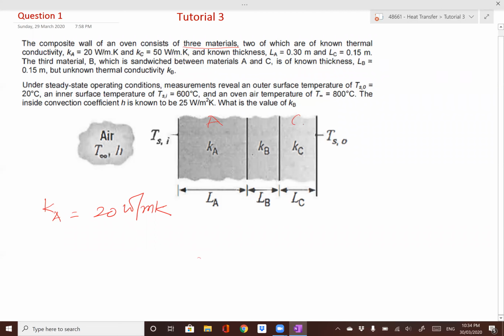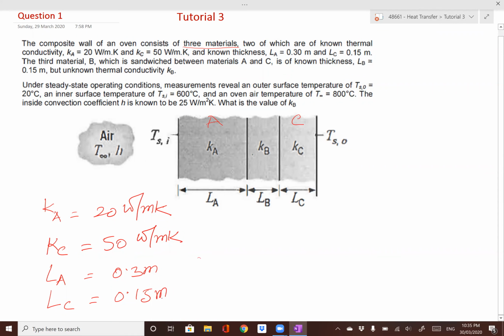For material C, the thermal conductivity given is 50 watt per meter Kelvin. Also the known thickness for material A is given as 0.3 meter, and for material C the thickness is given as 0.15 meter.